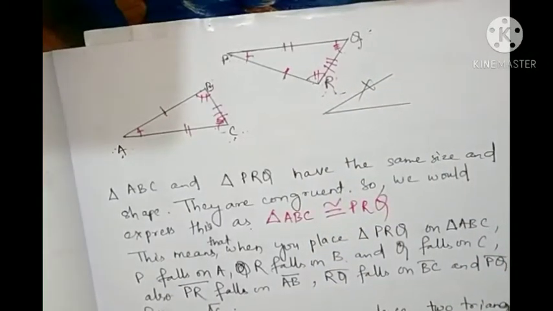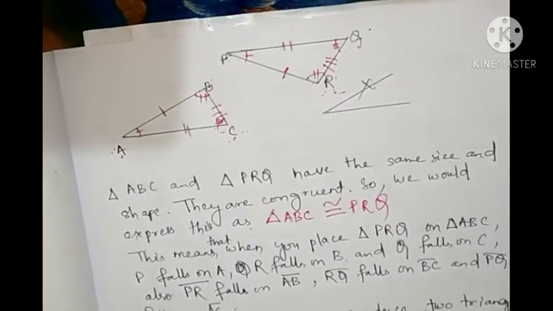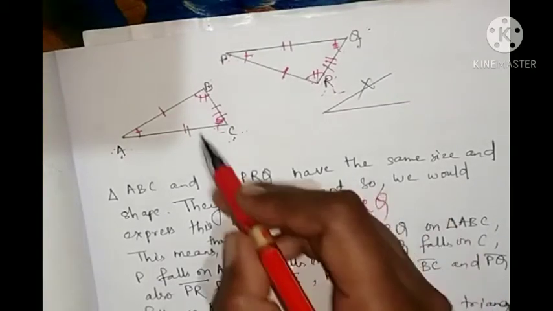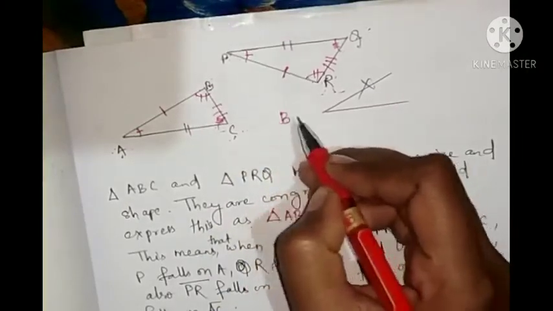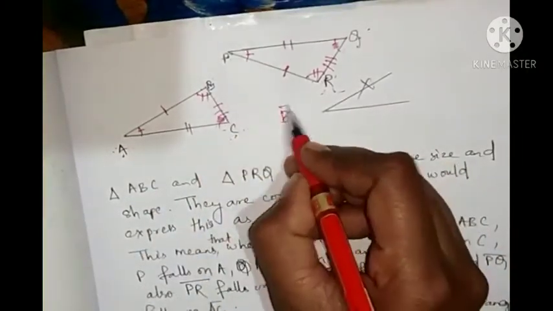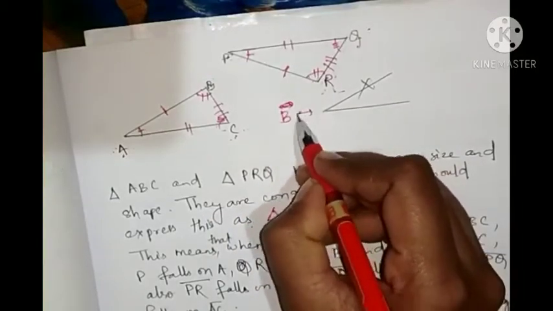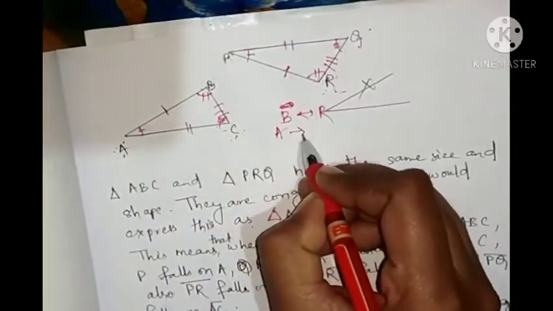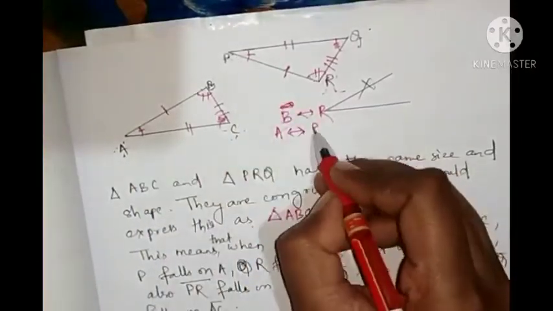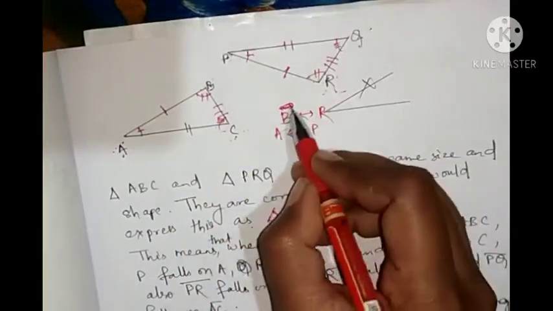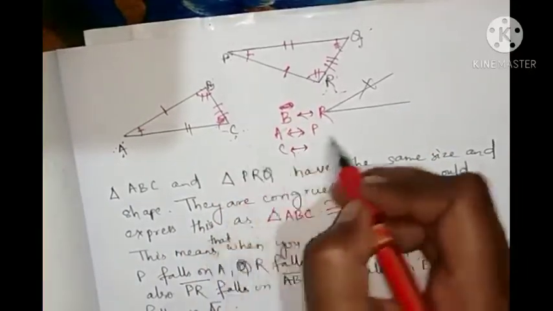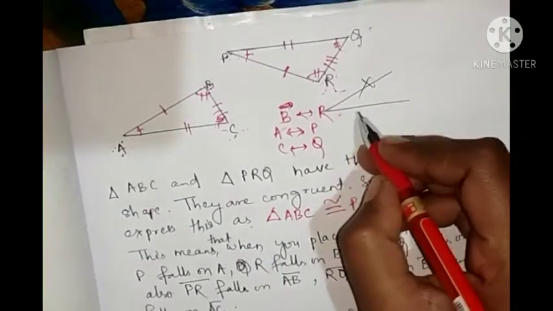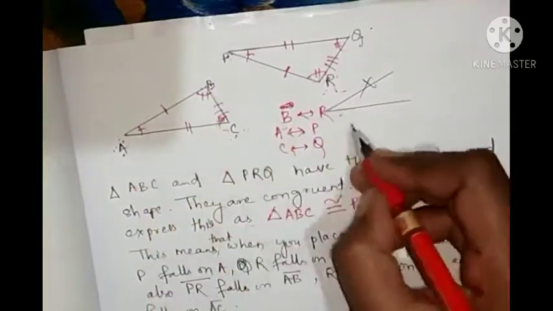Okay. So in these two congruent triangles we have corresponding vertices. How can you write them? B corresponds to R. Then vertex A corresponds to P. Then vertex C corresponds to vertex Q. Like that, corresponding sides. How will we write them?